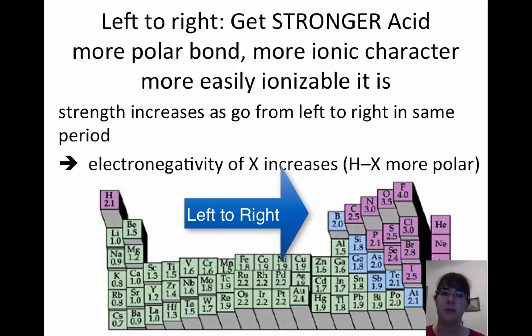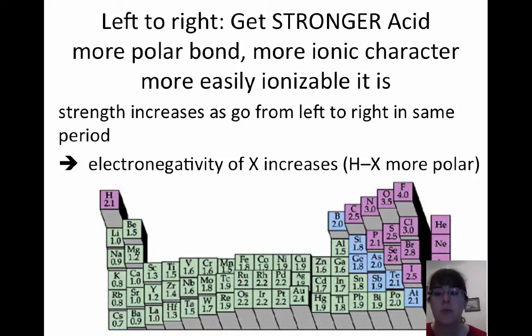As you go from left to right, you get a stronger acid because you're getting a more polar bond. The more polar the bond, the more ionic character it has, and the more easily ionizable it is. So we're comparing things like fluorine and oxygen, and chlorine and sulfur, left to right as we go across.